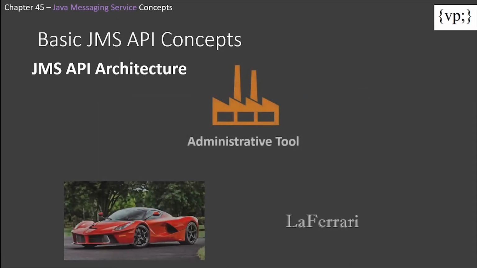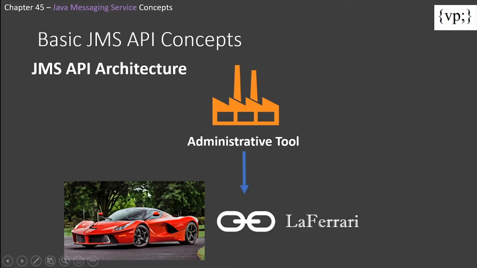So let's take a look at an example. We have an administrative tool that creates a connection between our image of the LaFerrari and the name LaFerrari. This is essentially how a JNDI namespace works. It takes an object and assigns it a name, so it's very easy to access this object.